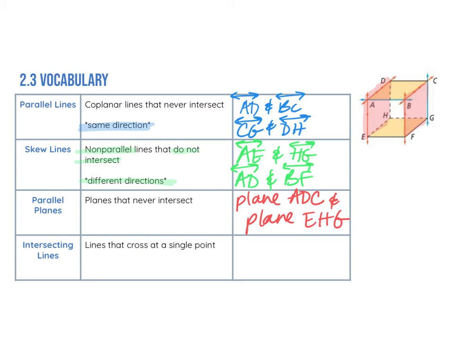Okay, and then intersecting lines are just 2 lines that cross at a single point. So you've probably seen these before. If I look at my picture, sorry, again, let me erase here. So intersecting lines would just be, let's say, EF and BF.